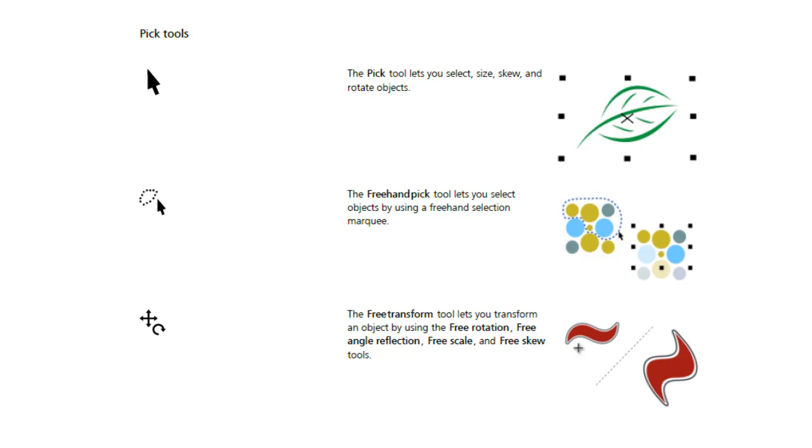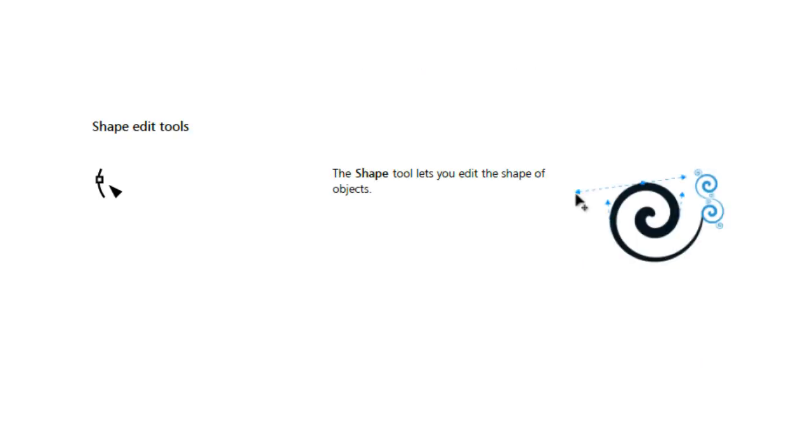The Free Transform tool lets you transform an object by using the free rotation, free angle reflection, free scale, and free skew tools. Shape Edit tools. The Shape tool lets you edit the shape of objects.